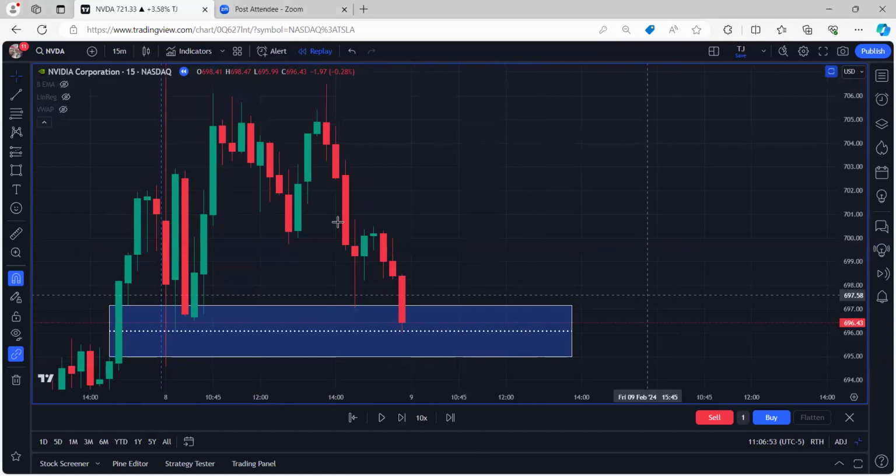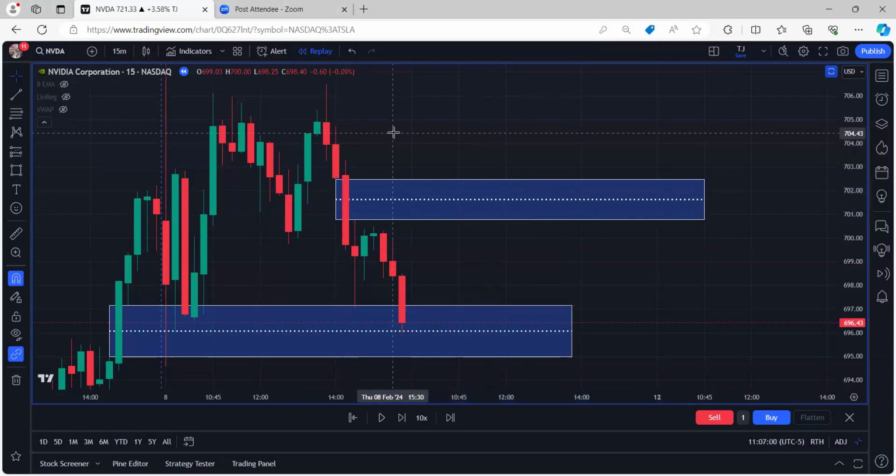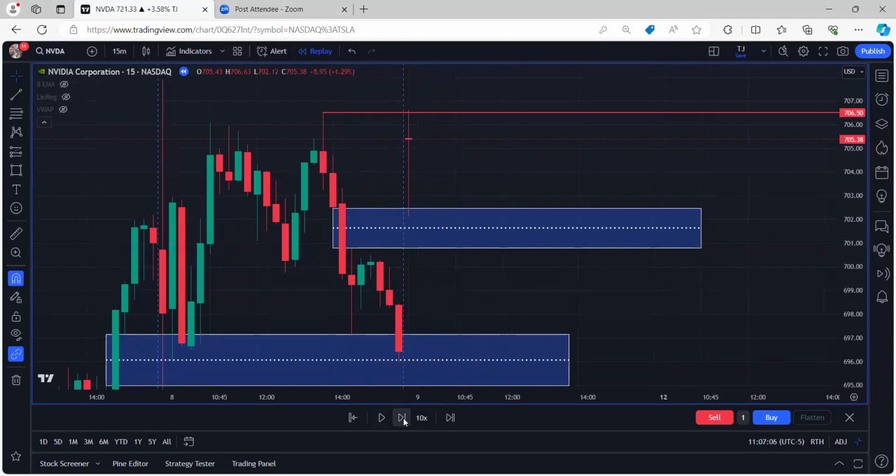Yeah. And where could price want to go to? Well, this fair value gap here. It could want to go there. It could want to go to this liquidity. So when the first candle comes of the day, where's that close happening? Is it above 50% of this fair value gap?